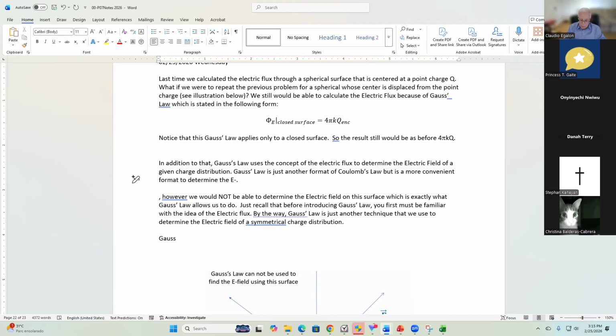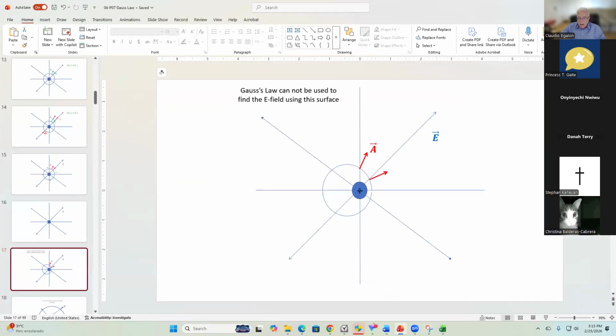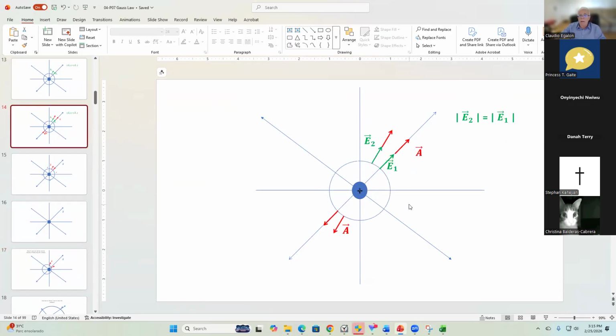the E field. The electric flux is just a measure of the number of electric field lines passing through a given surface. That's how you should interpret that. The more electric field lines passing through the surface, the larger the electric field is.